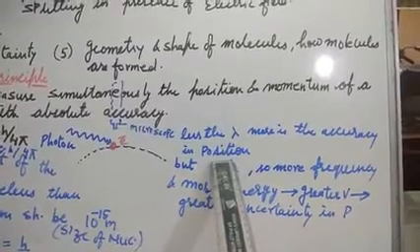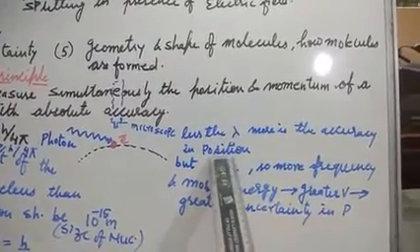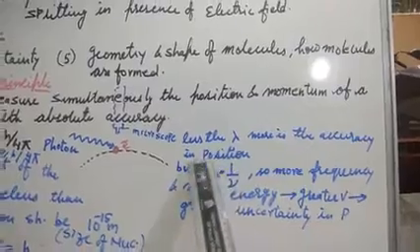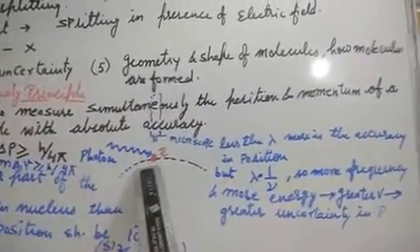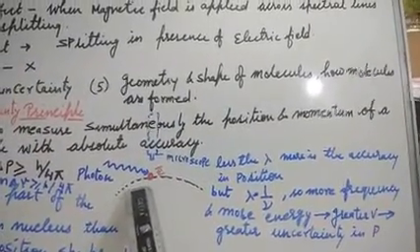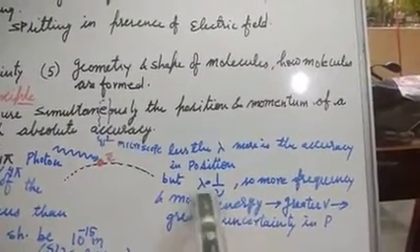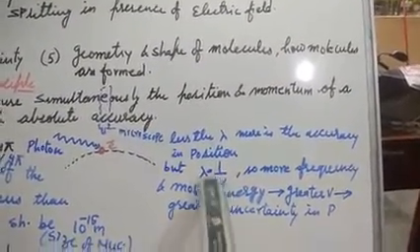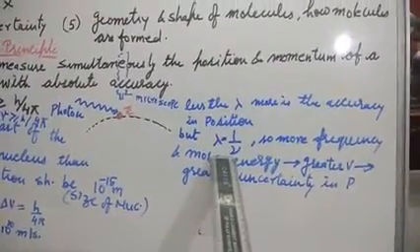Now, if we provide radiation of lesser wavelength, we know that frequency and wavelength are inversely proportional. If wavelength is less, frequency will automatically be more.